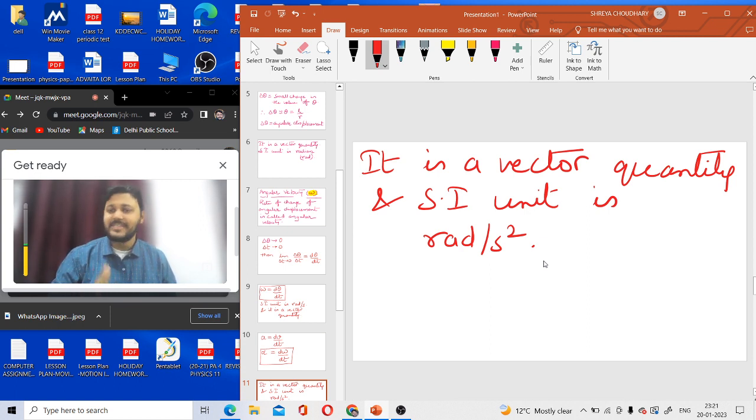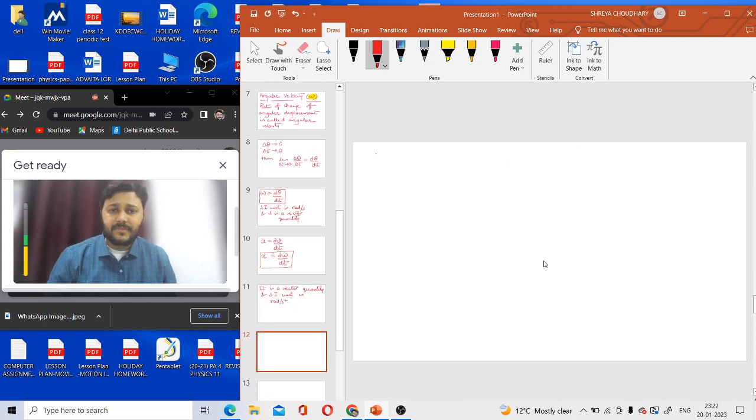The second formula, omega: the rate of change of angular displacement is called angular velocity. The third one, the rate of change of angular velocity is called angular acceleration. Now we just need to look at some other formulae of angular velocity.